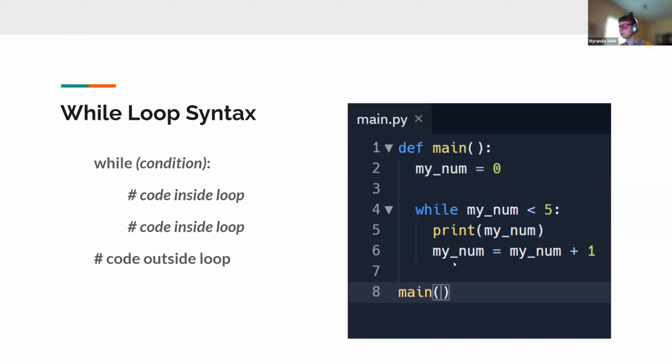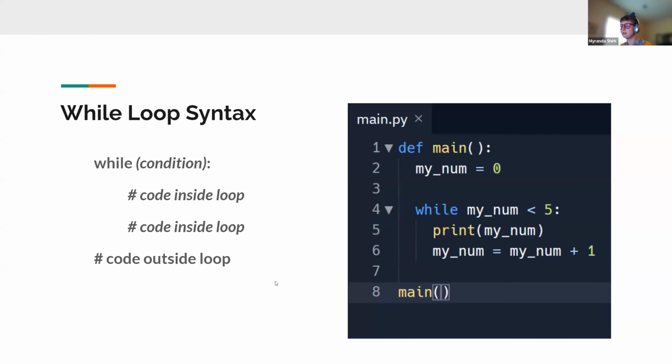It's going to go through this loop. At this line here, my num is now set to 0 plus 1, which is 1. It's going to evaluate this condition. It says, is my num less than 5? Yes, it's equal to 1 now, so that's less than 5. It will print 1, and it'll go through until we increment it enough to where it's equal to 5, and then it will stop.